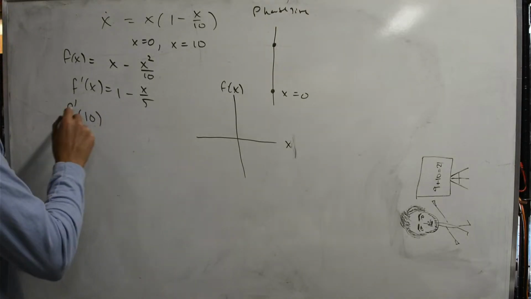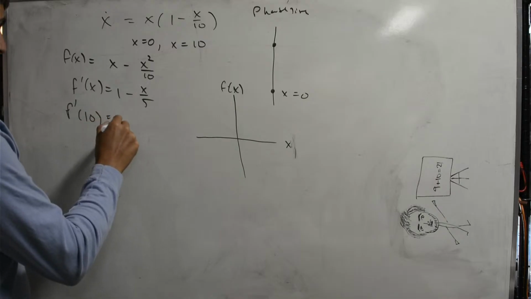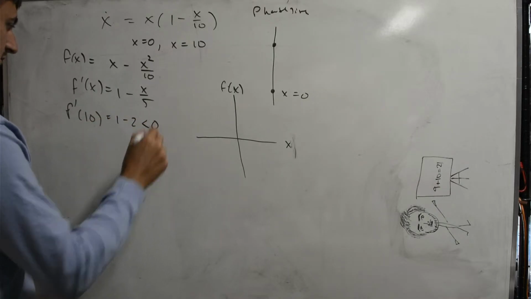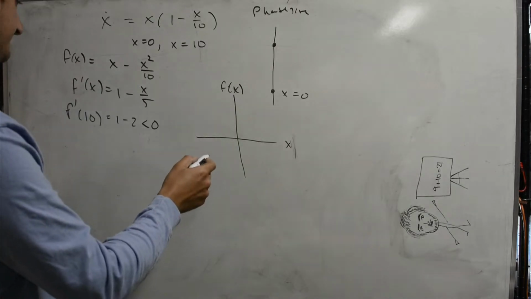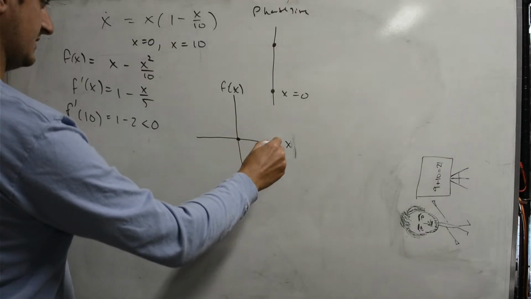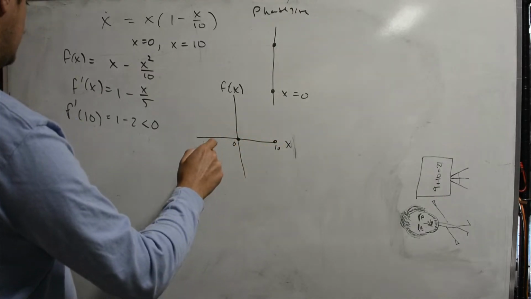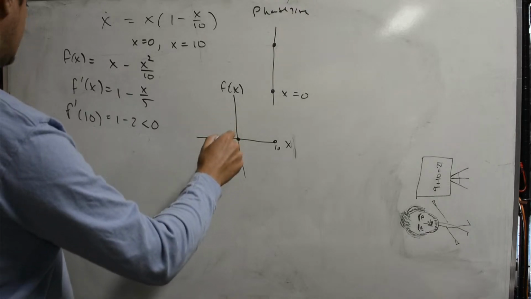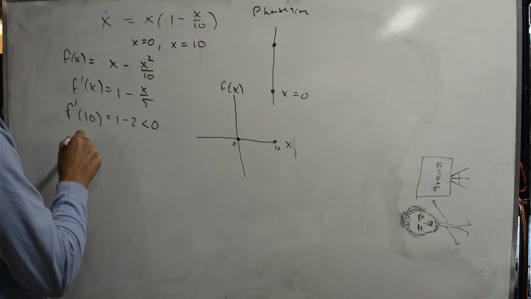So if we have 10. Okay, so this is less than 0. So we have 0. We have 10. This is 10. This is 0. So this should look like a... wait, 0 is positive.